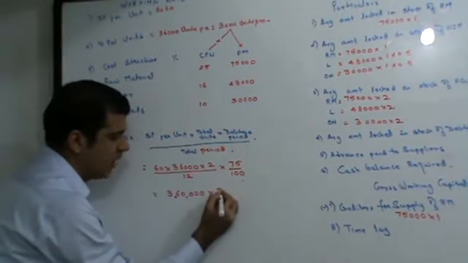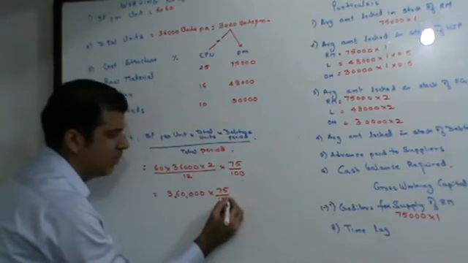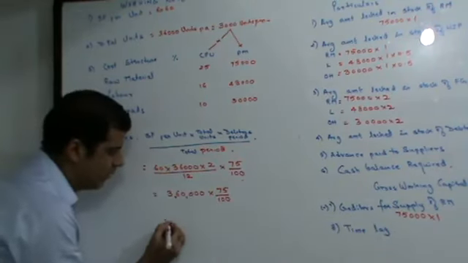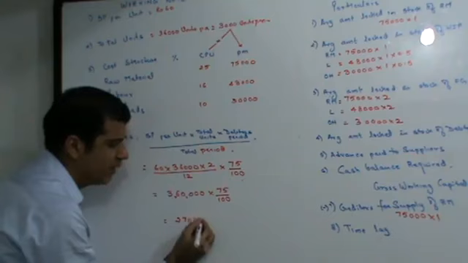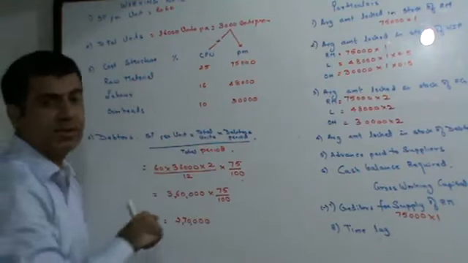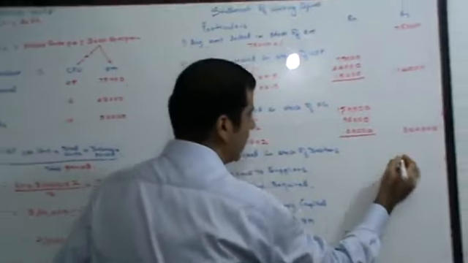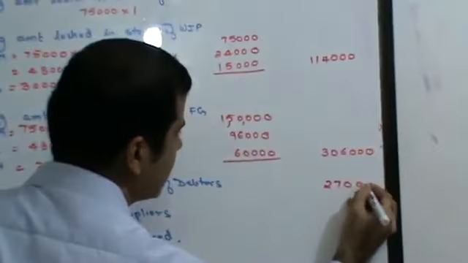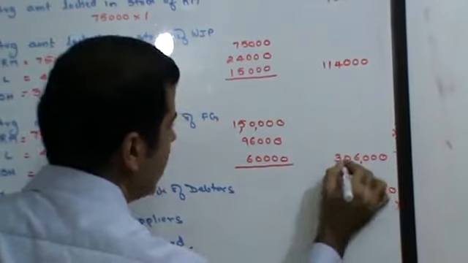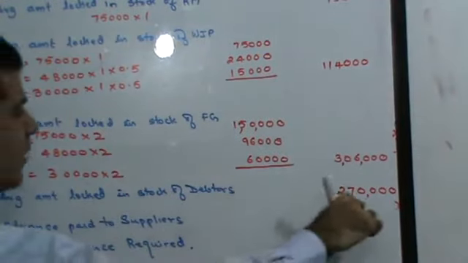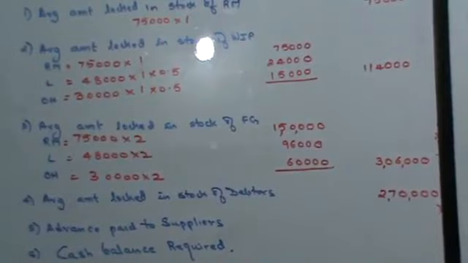So now this 3,60,000 will be multiplied by 75%, which will give you 2,70,000. So thus my debtors, now I will write in my working note, from working note I will copy to my fair work, is 2,70,000. So average amount locked in stock of debtors is 2,70,000.